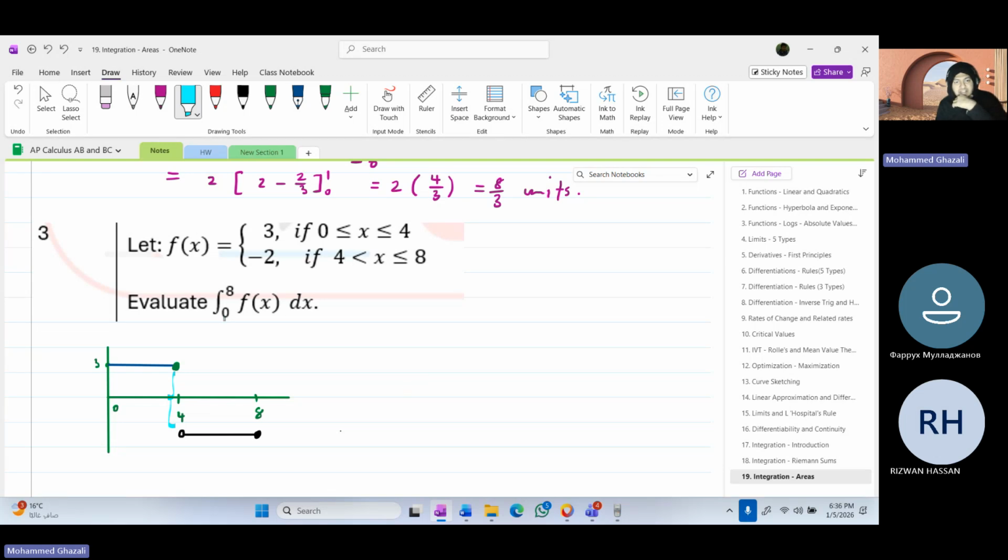But now we want to evaluate this integral. To evaluate this integral, you can't just go and evaluate from 0 to 8, okay? Because it's two different functions. So first, integrating from 0 to 8 is integrating from 0 to 4. Now 0 to 4 is which function? 0 to 4 is the 3 function, 3x, plus 4 to 8 is what? 4 to 8 is negative 2.